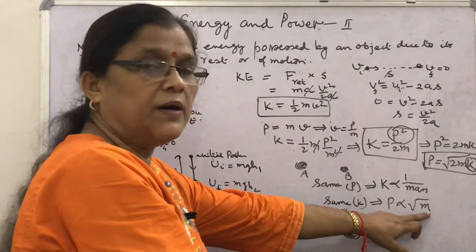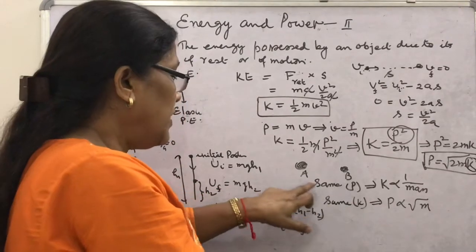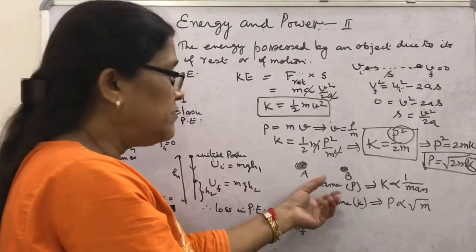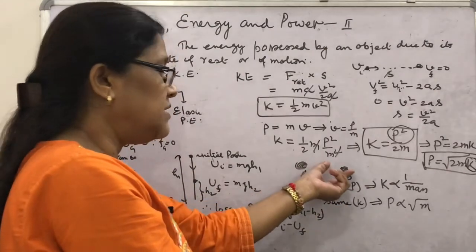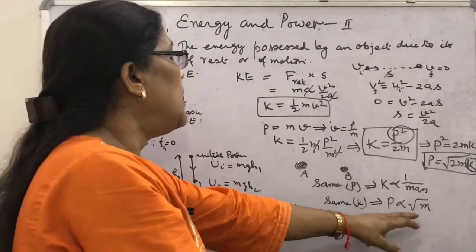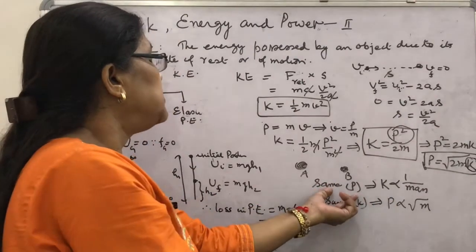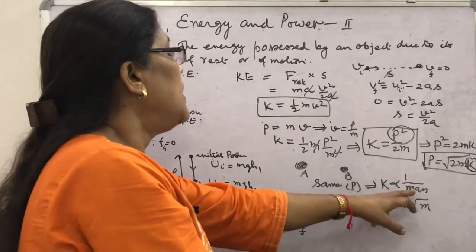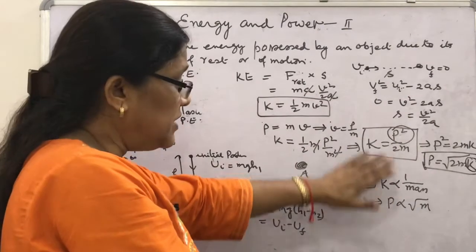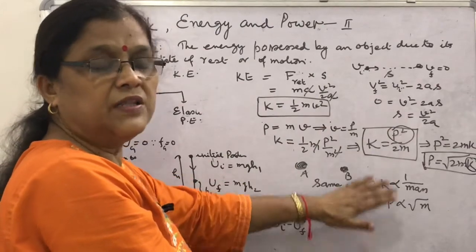More will be the mass, more will be the momentum. So, look, if the two objects are moving with the same kinetic energy, one is of heavier mass than the other, then heavier mass object will have greater momentum. If they have same momentum, then heavier mass will have less kinetic energy. So, in this way, the momentum and kinetic energy, how are they related?